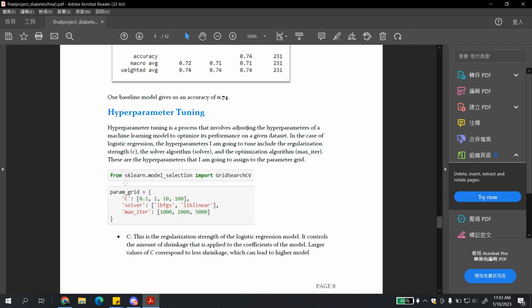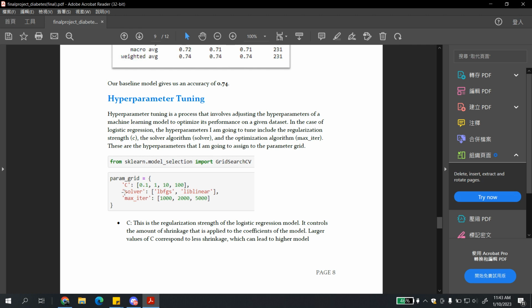I'm gonna use 3 parameters for logistic regression. That's C, the regularization strength. I also implemented a solver algorithm, and max iter, that's the optimization algorithm.